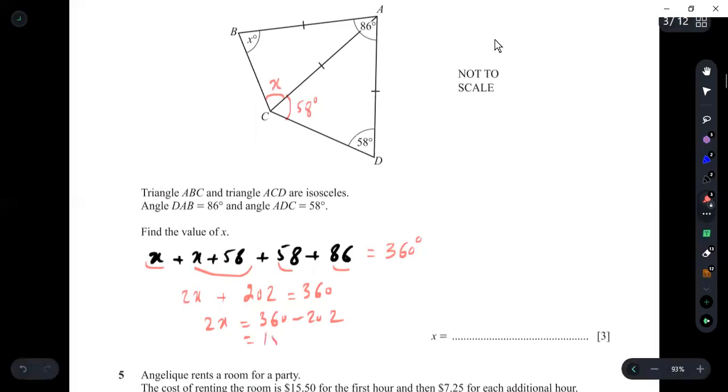It is 158. That is 2x. So x will equal half of 158. 158 divided by 2 gives us 79. So the value of x is 79.